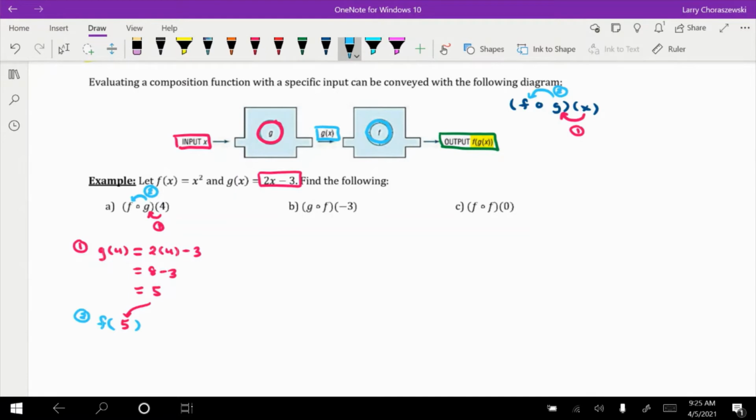Anybody want to tell me what we get when we plug 5 into f of x? Well, keep in mind f of x is x squared. Yep, so we would get 5 squared, giving us 25.